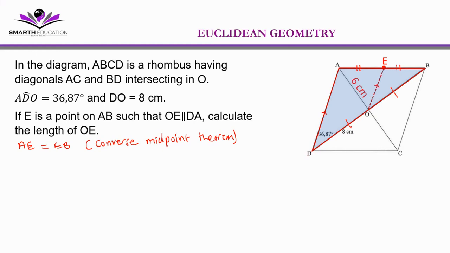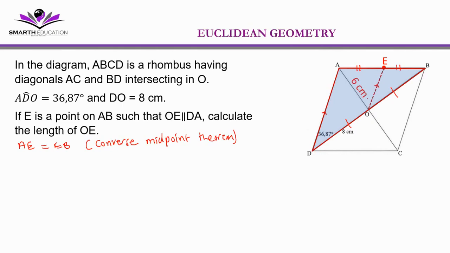So the line drawn from the midpoint of one side of a triangle parallel to another side, we're talking about OE here, is drawn from the midpoint of DB parallel to AD. Then it means this line will bisect the third side. It means line OE will bisect AB, meaning that AE is equal to EB.